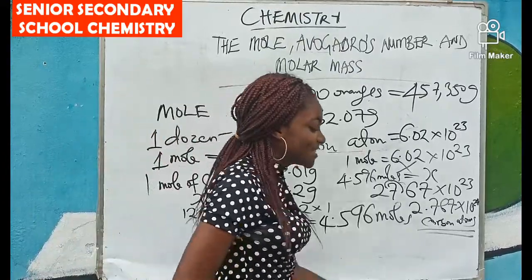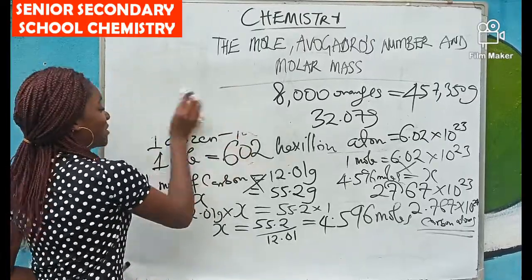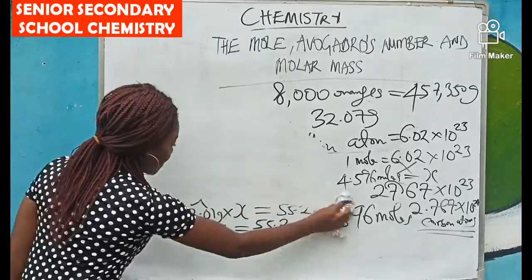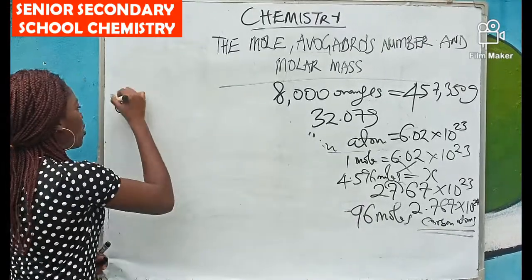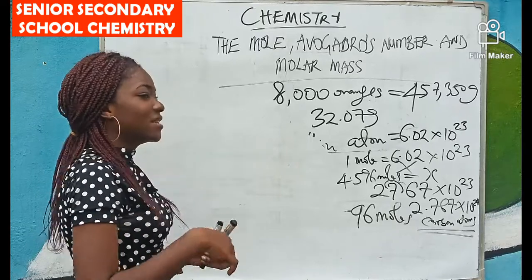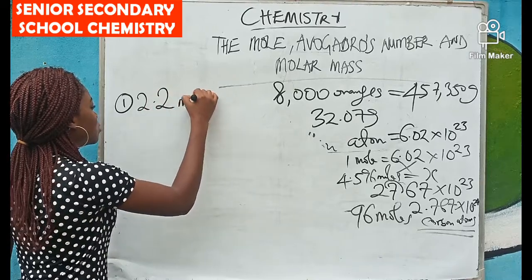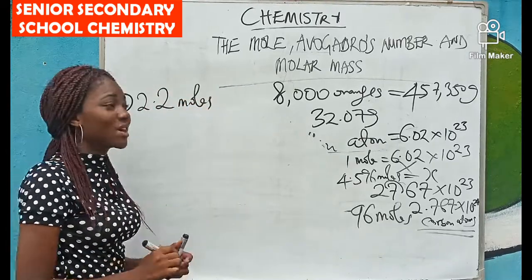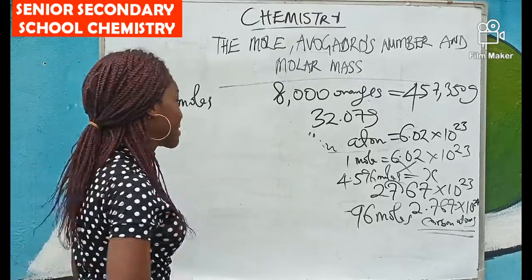Okay, so I'm going to take examples so that we can get to understand this properly. So our first example, we have to calculate the number of atoms in a substance containing 2.2 moles. So we're given 2.2 moles of a substance and we're asked to calculate the number of atoms present.